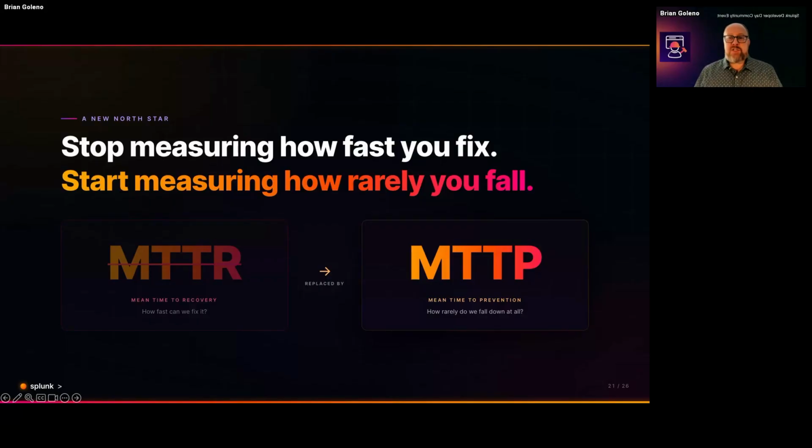We need to shift our focus from the traditional metrics of mean time to respond or mean time to restore a service to thinking about mean time to prevent. How far in advance of an incident can we detect the problem? Can we give ourselves enough time to actually solve that problem before it becomes an incident, before it impacts our customer's experience? That's the new name of the game.